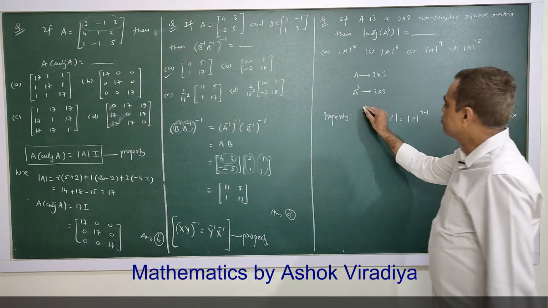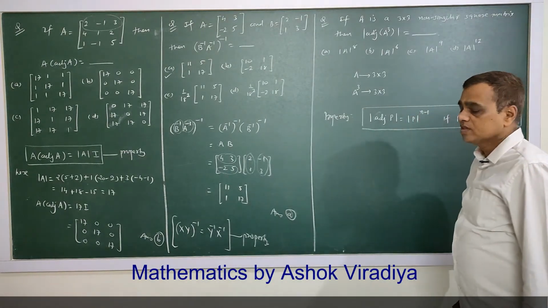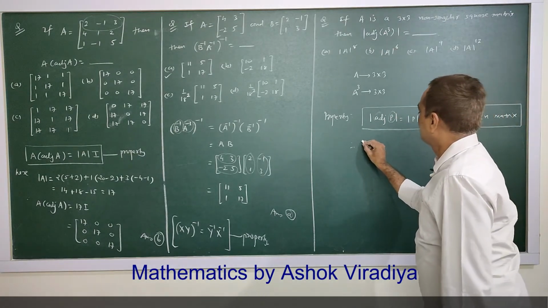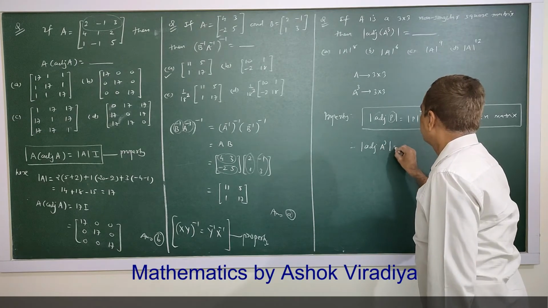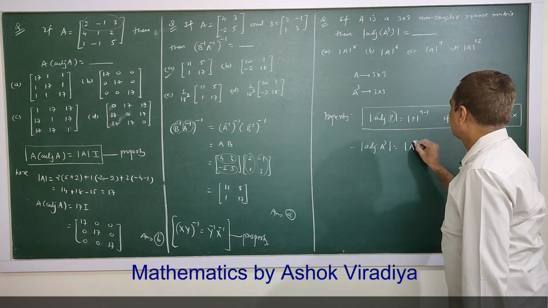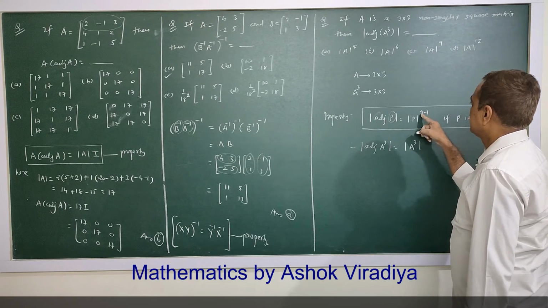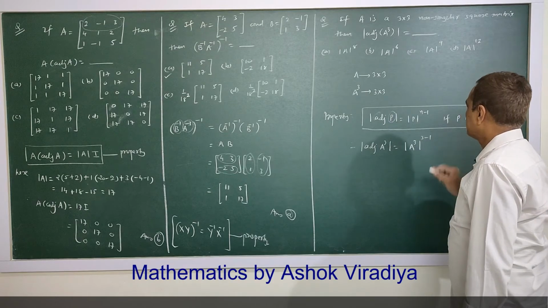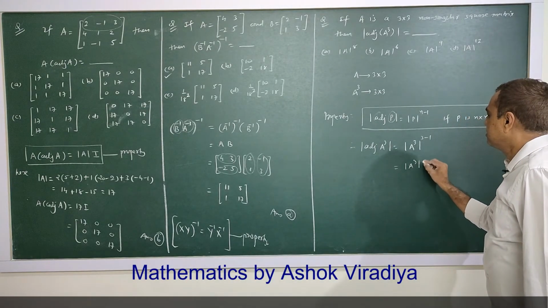So already we used this property in the previous question. Now here I replace P by A cube. So therefore determinant of adjoint of A cube equals determinant of A cube raised to, now n is 3, this is n by n, so 3 minus 1, so it is determinant A cube raised to 2.